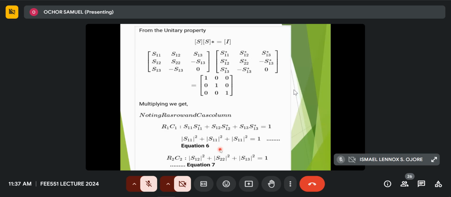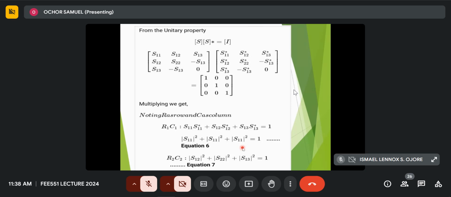That's the correction I have to make over there. So equation 6 should read modulus of S11 squared plus modulus of S12 squared plus modulus of S13 squared equals unity.